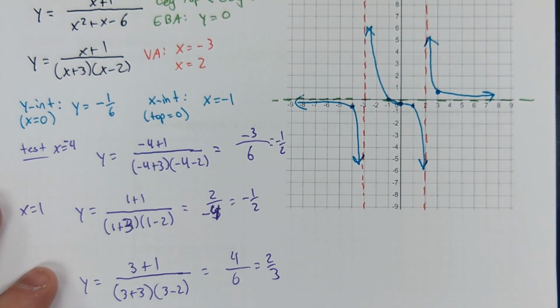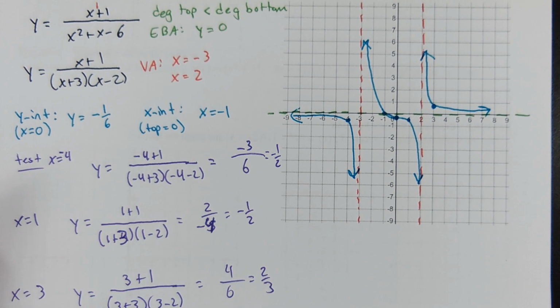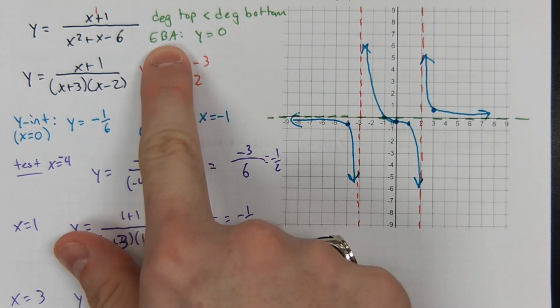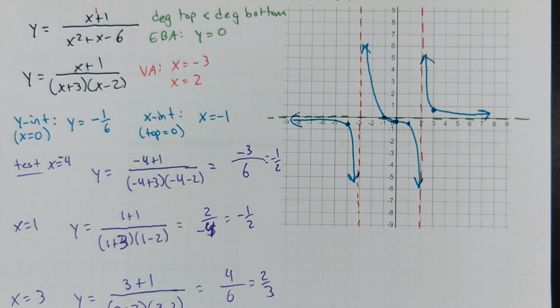So I don't want you to think that an asymptote is something you can't cross, because rational functions cross their end behavior asymptotes all the time. You know where they do it? Around x = 0. They do it at small values of x, because the end behavior asymptote only describes what they're doing at the large values of x. So it says, hey, if x is really, really, really big, I'm going to get close to the value y = 0. Doesn't tell us anything about when x is small. Okay?